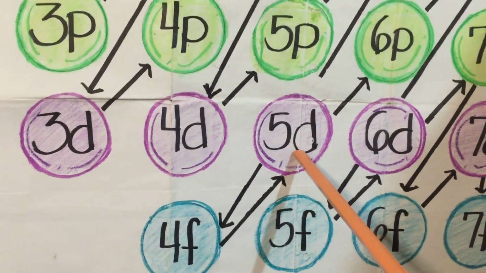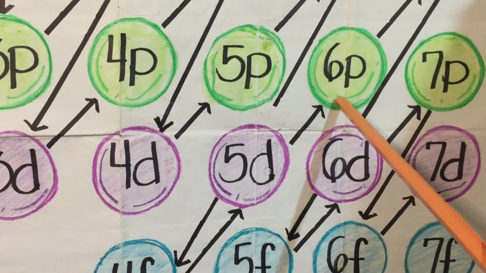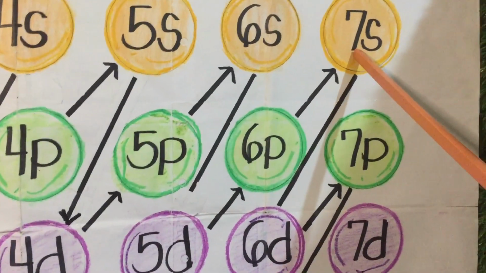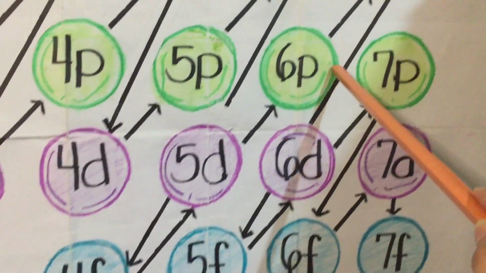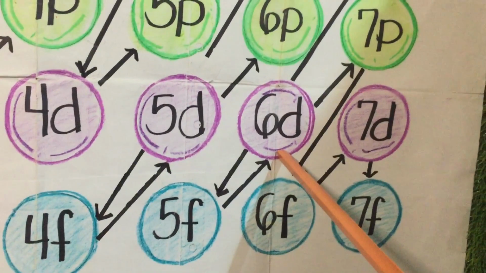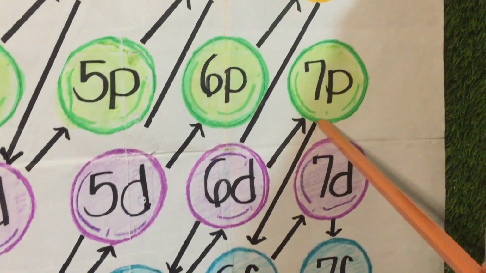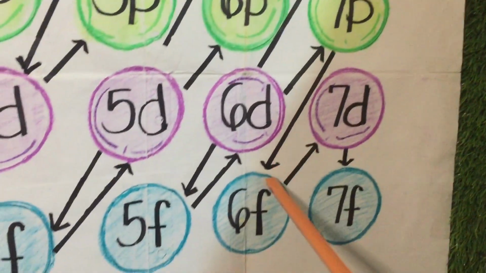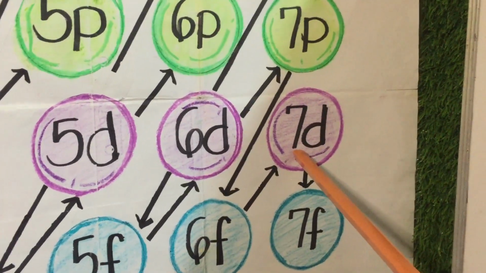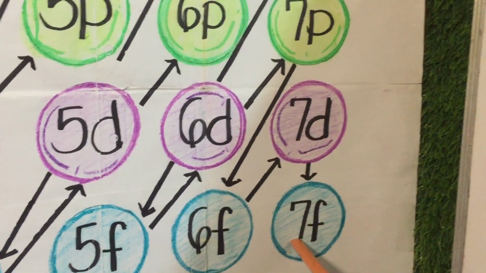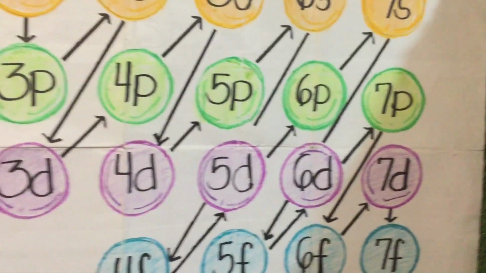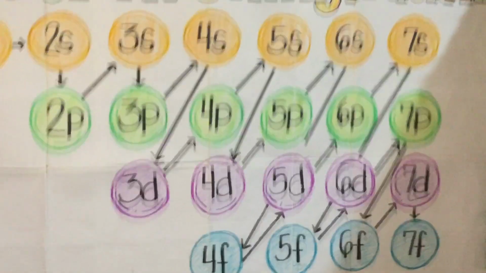Then, 5d10. 6p6. Then, 7s2. After ng 7s2, diretso yan sa 5f14. 6d10. Then, 7p6. Down to 6f14. 7d10 hanggang sa 7f14. So, yan yung pagkakasunod-sunod ng electron configuration niya.